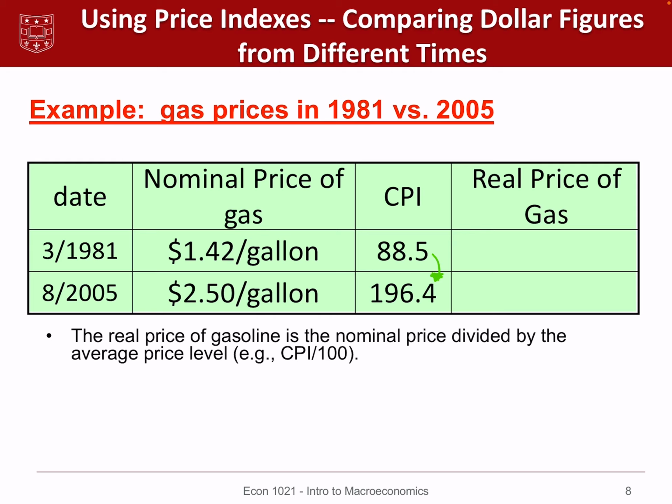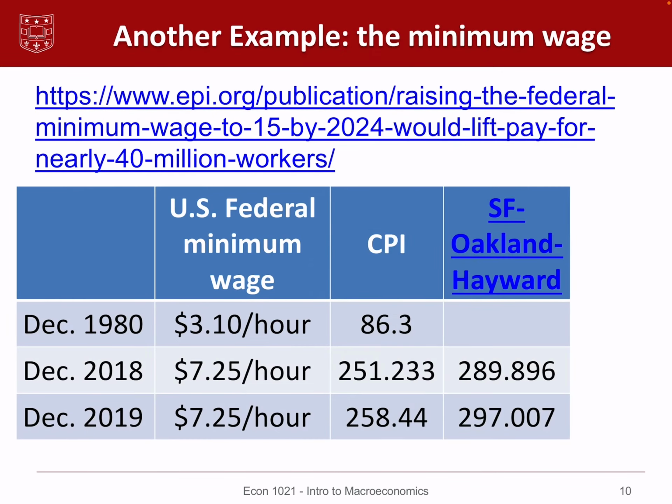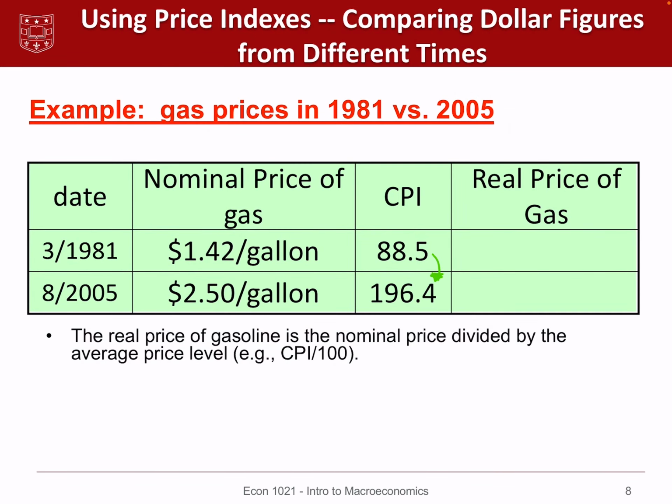So if we wanted to figure out the real price of gasoline, the real anything is going to be the nominal price of gas divided by, in this case, the consumer price index itself divided by 100.